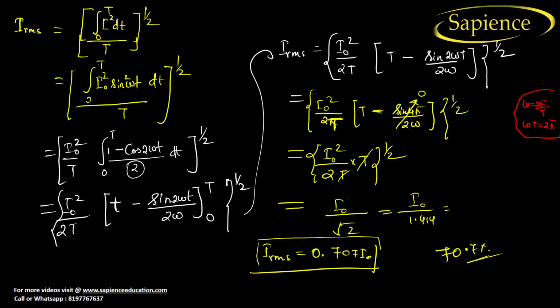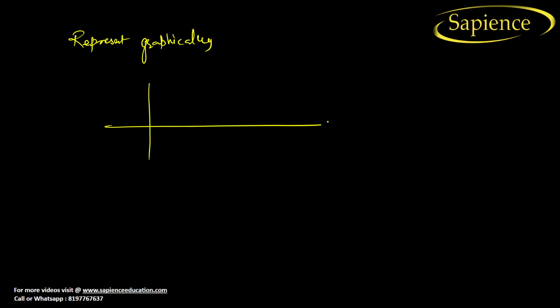So if you want to represent this graphically, let us consider this is your graph, and this is basically a graph like this. Okay, so this is I naught, the maximum peak current.